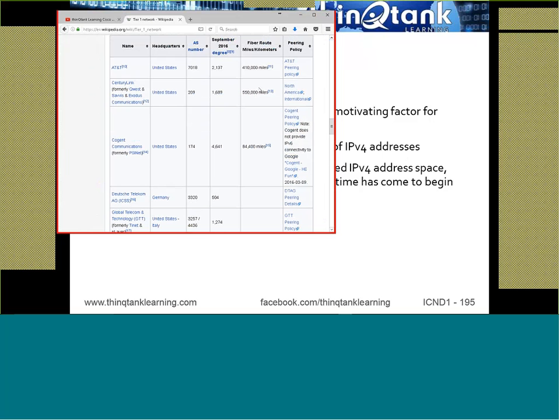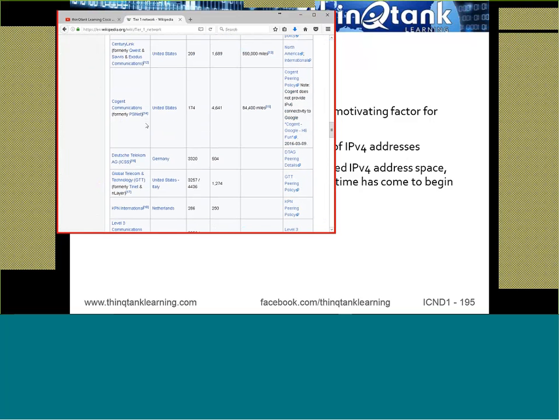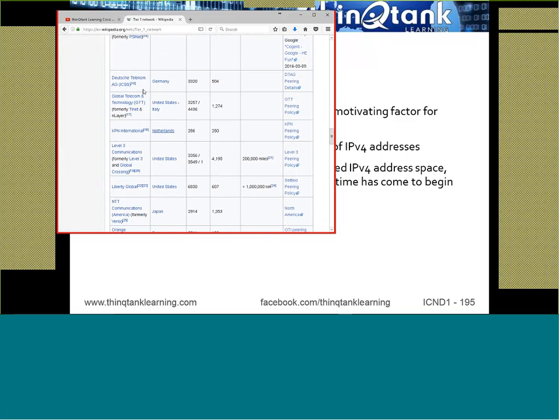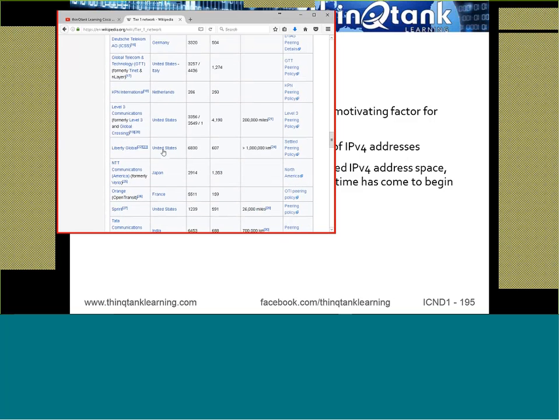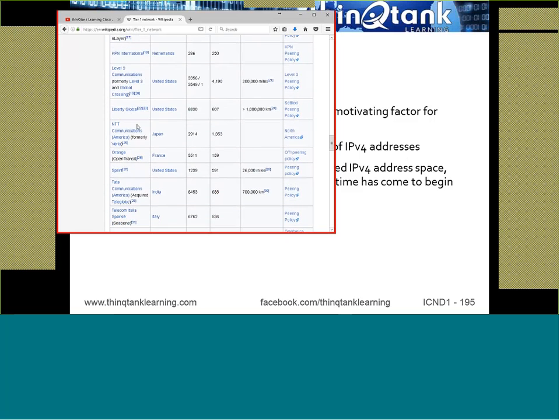You can see things like 410,000 miles of fiber: CenturyLink, Cogent Communications, Deutsche Telekom, Global Telecom, KPN, L3, Liberty Global. Okay, they are a tier 1 provider, Liberty Global.